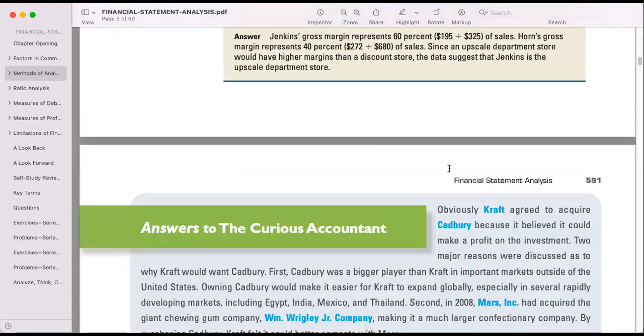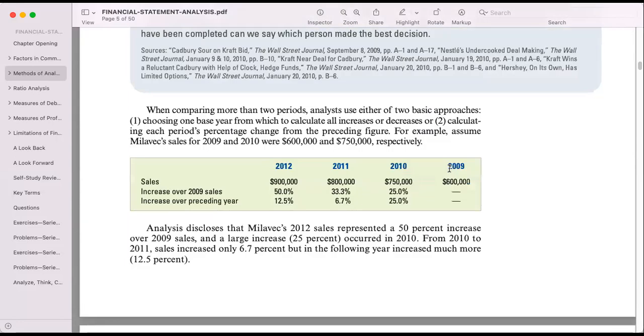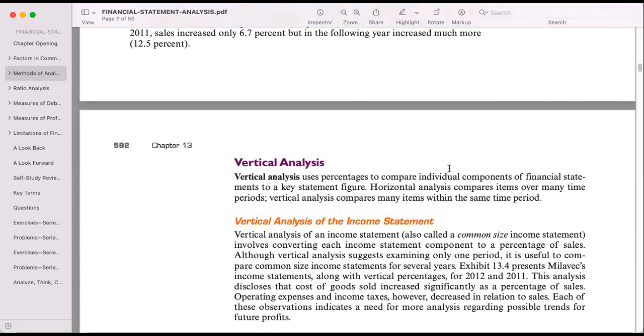Next we move forward on to the vertical analysis. Vertical analysis uses percentages to compare individual components of financial statements to a key statement figure. Horizontal analysis compares items over many time periods.